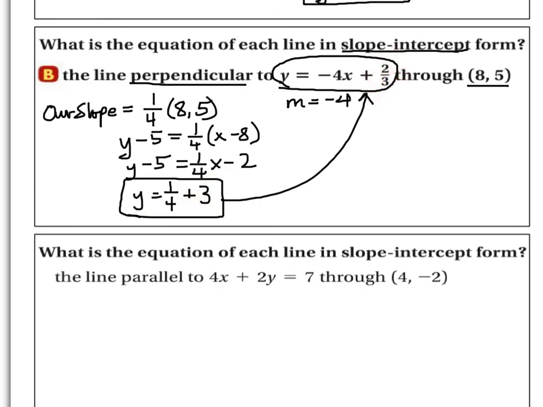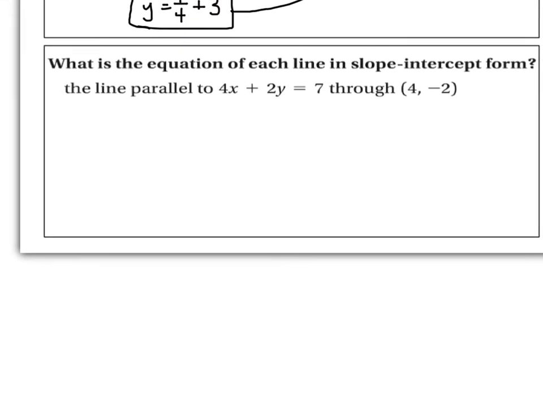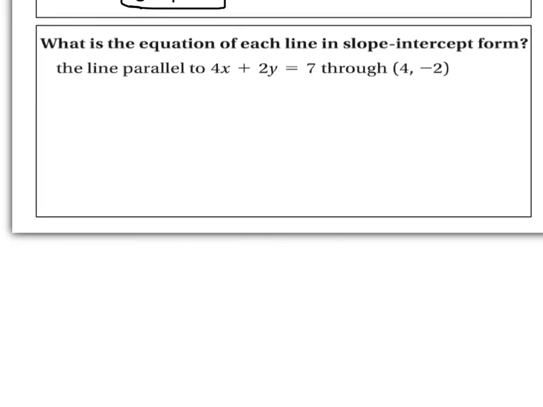Okay? Let's take a look now at that third example. What's the equation of each line in slope-intercept form? Again, got to be in slope-intercept form. Now, as you look at this equation, it's not in slope-intercept form originally, so it's really hard to figure out our slope.